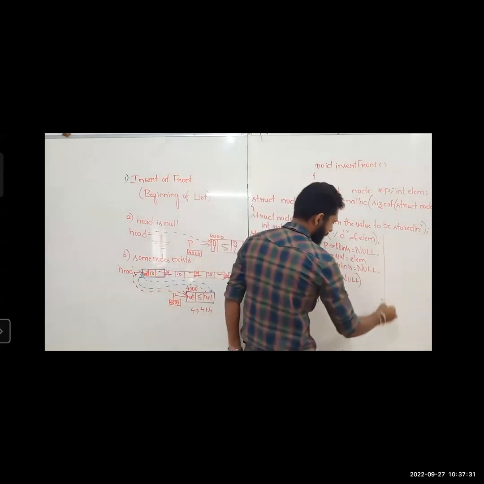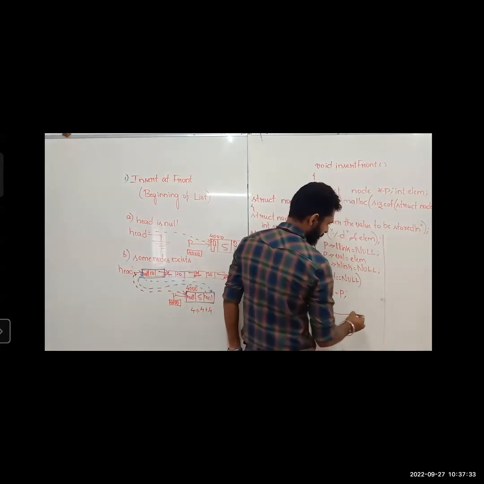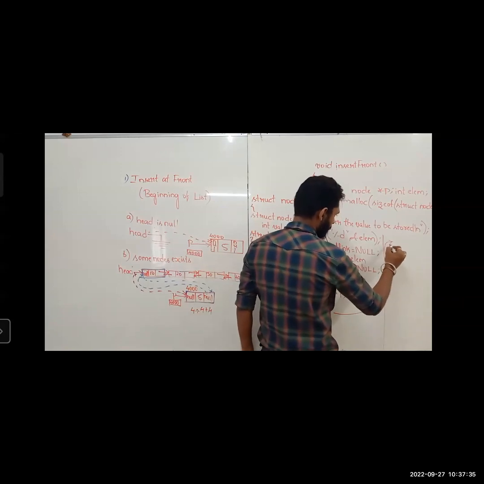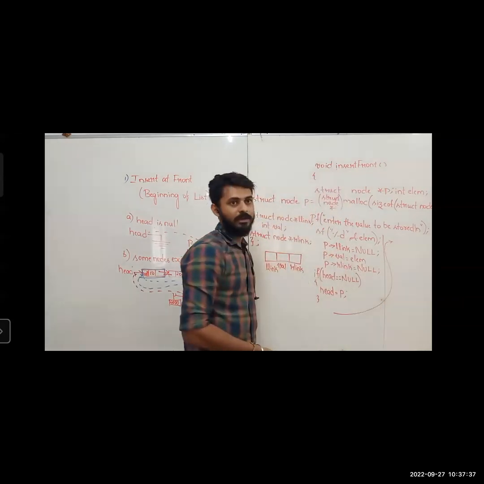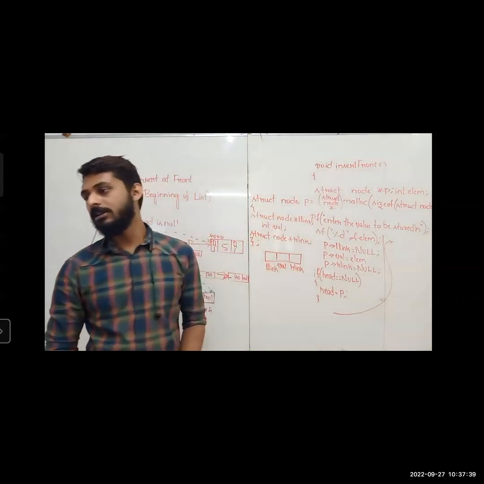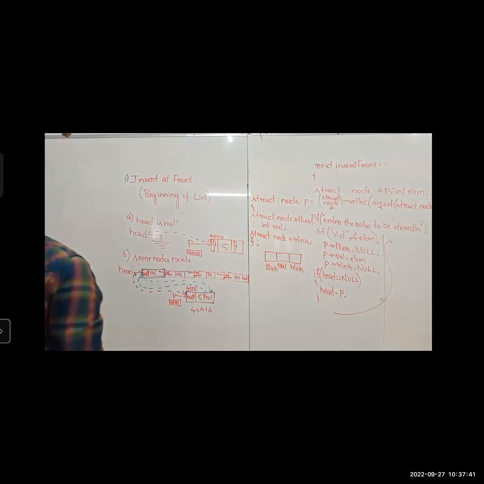Now this is done. But we have to declare struct node head also, no? After the structure. If you have observed in yesterday's program, you would have got to know. One of your friends is asking me, sir, should I declare struct node head inside a method? Yesterday also I told you, no, not inside the method, after the structure.